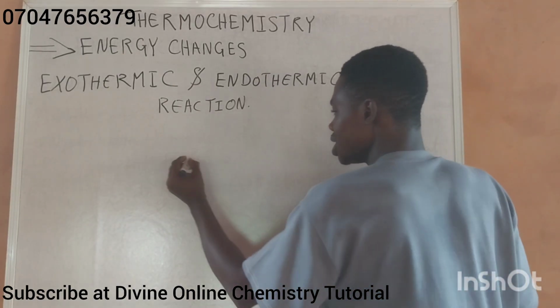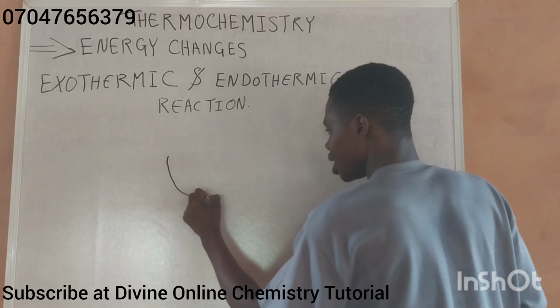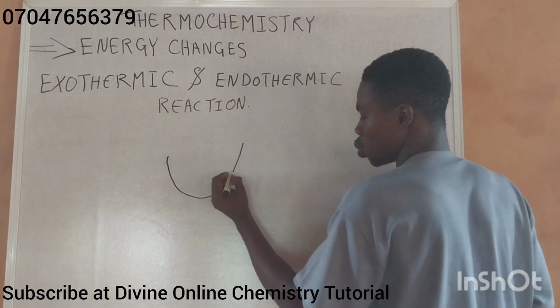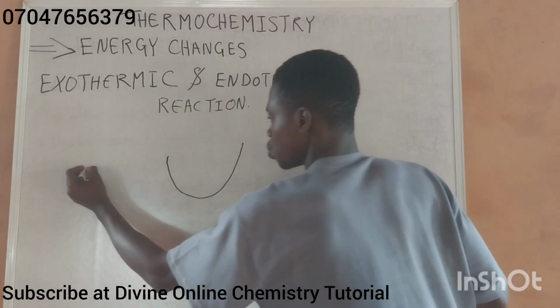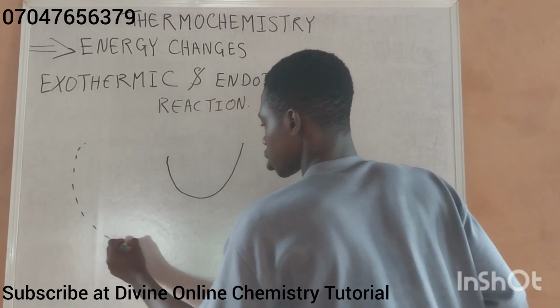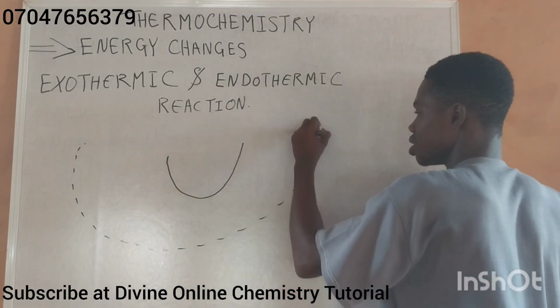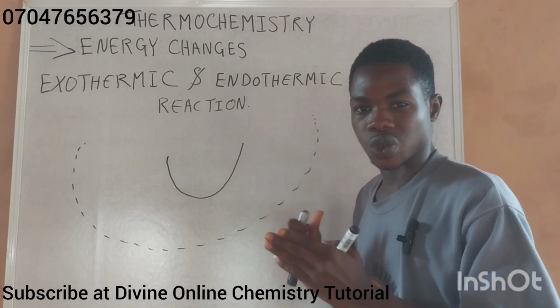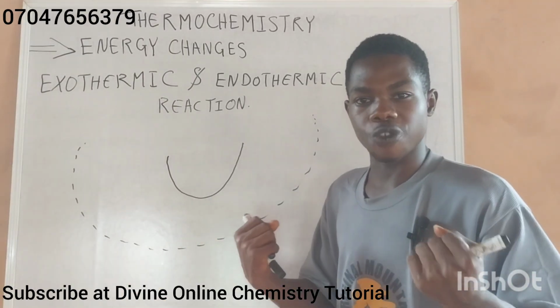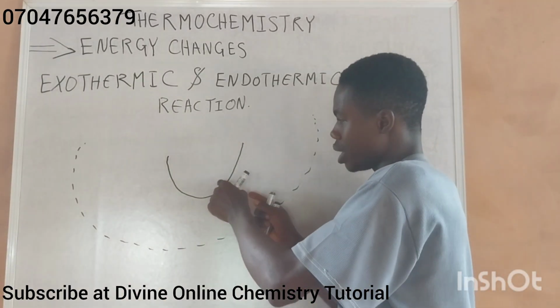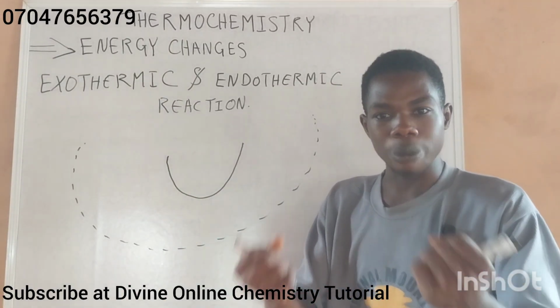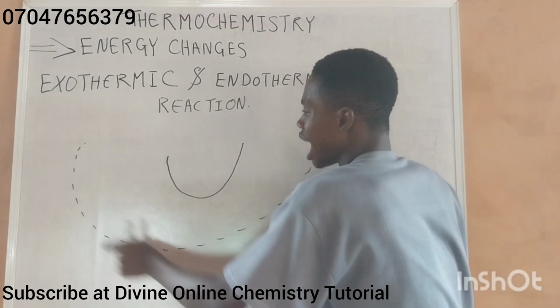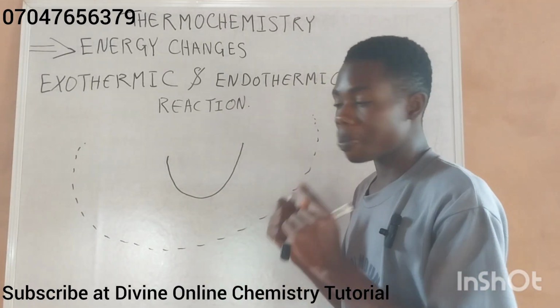I'll be using an illustration also to explain endothermic reaction. Let's say this is the vessel, and this is the surrounding. Earlier on, I said that in endothermic reaction, heat is being absorbed from the surrounding into the reacting vessel.